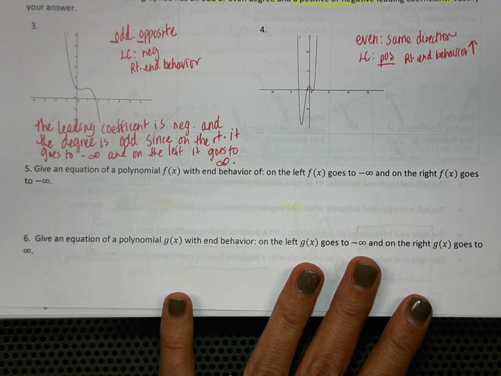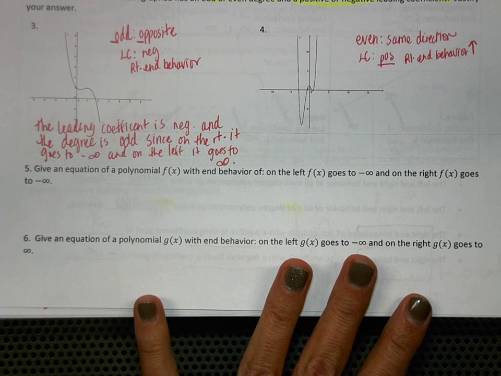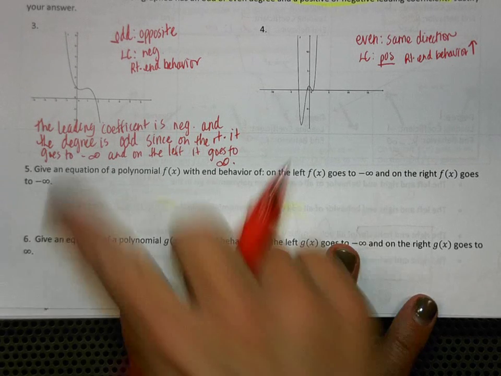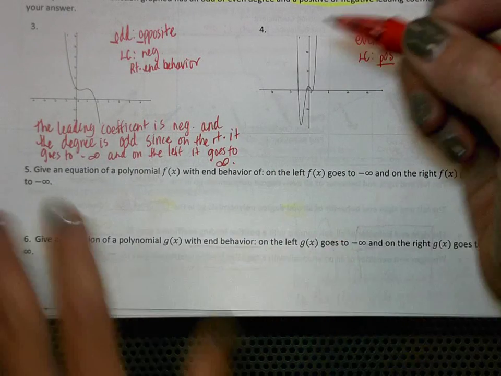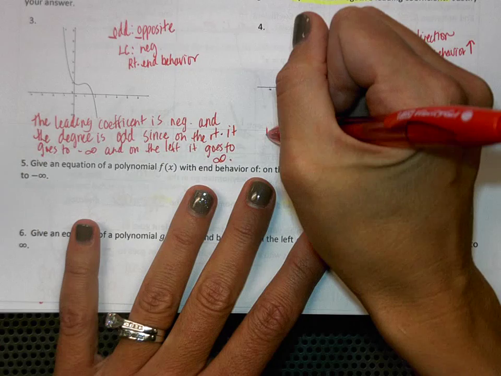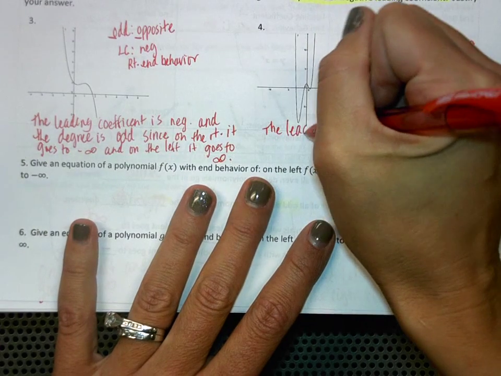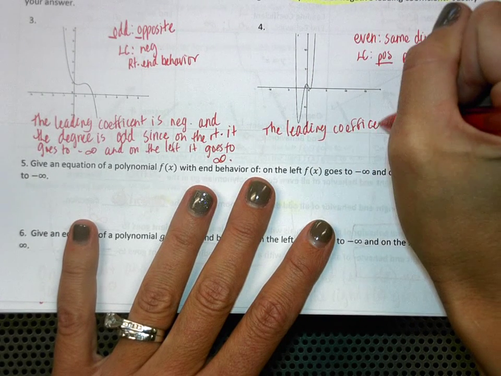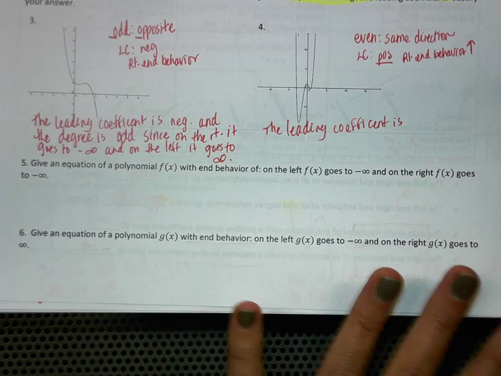Do you think you guys can write this sentence? Or some of you already writing it? Okay, so we're just going to do it the same way. So you can look at what we've written over here. So this one says the leading coefficient is what this time though? Is positive.